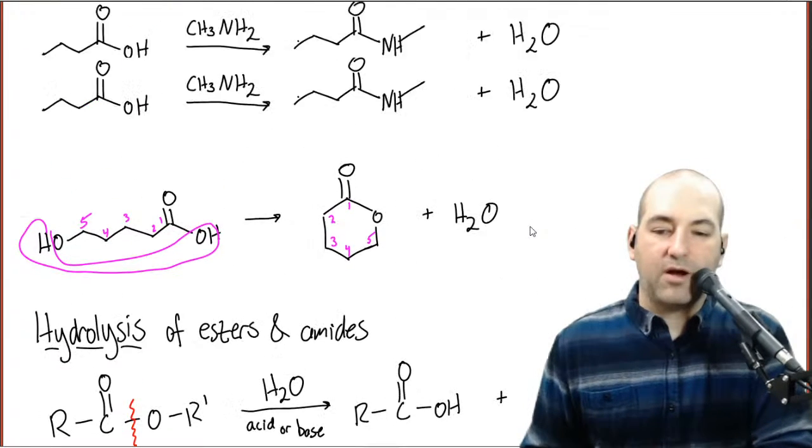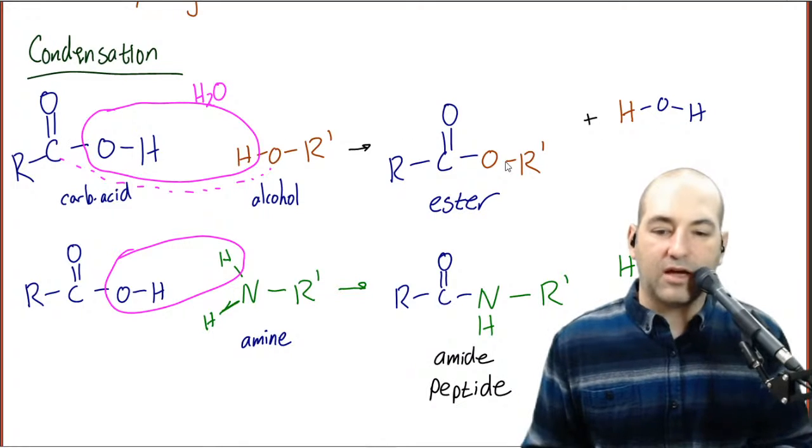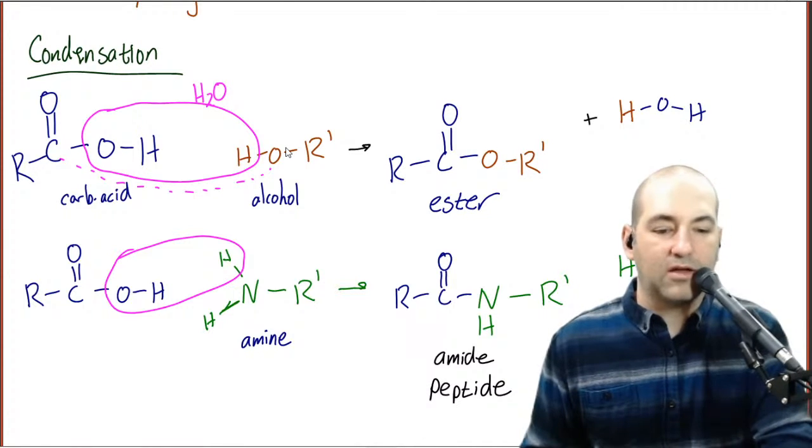And you can see if you compare that to what we drew up here, it really is the exact opposite reaction. So instead of putting this thing together and having a water byproduct, we're adding water to it, and we're going backwards and forming the carboxylic acid and the alcohol.